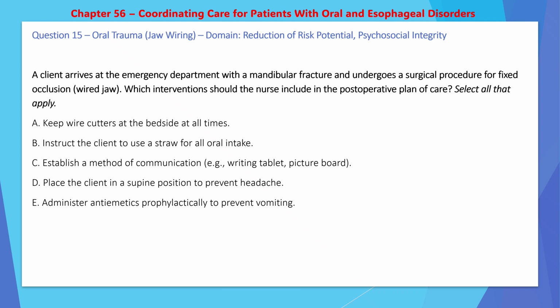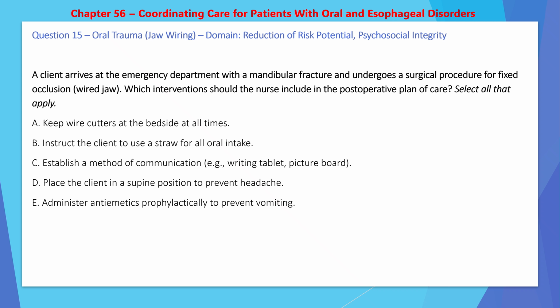Question 15, oral trauma, jaw wiring, domain reduction of risk potential and psychosocial integrity. A client arrives at the emergency department with a mandibular fracture and undergoes a surgical procedure for fixed occlusion with a wired jaw. Which intervention should the nurse include in the post-operative plan of care?